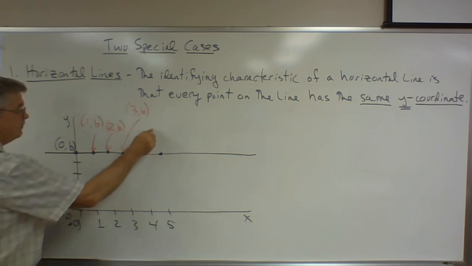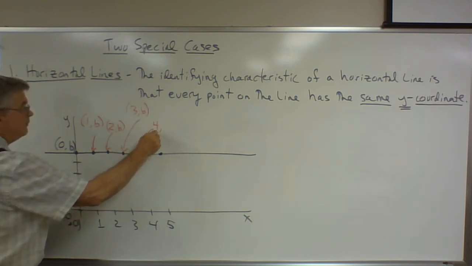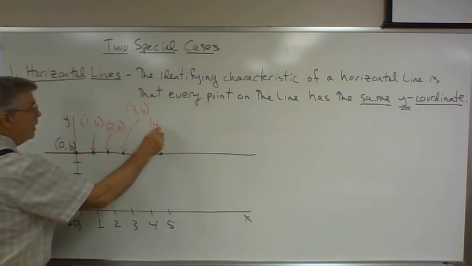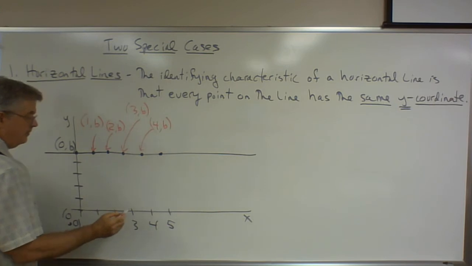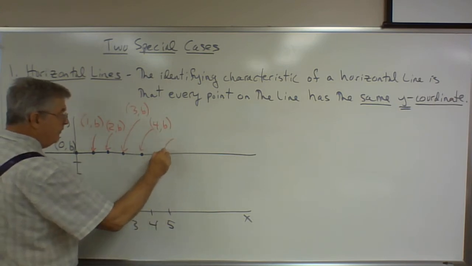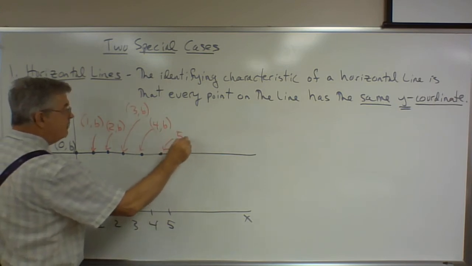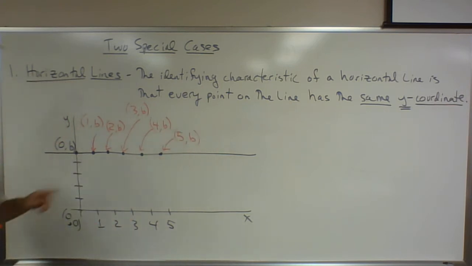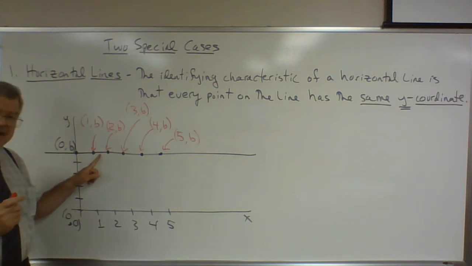This point, x is 4, y is still b. This point, x is 5, y is still b. Every point on this horizontal line has exactly the same y coordinate as every other point on this horizontal line.